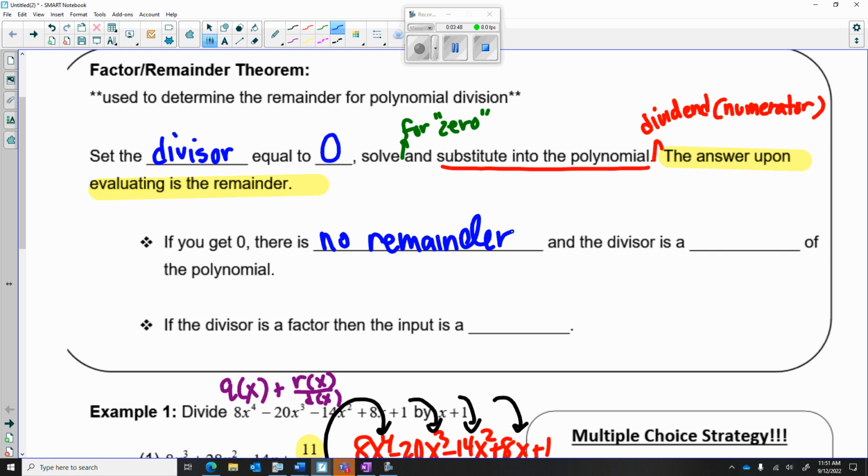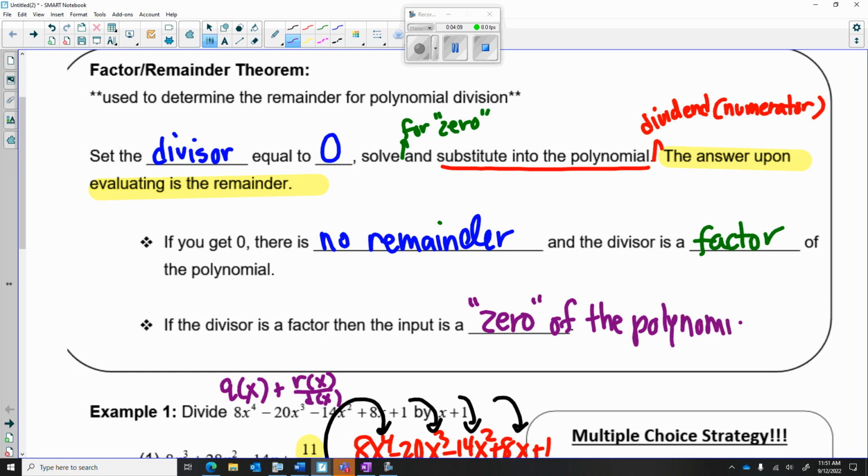That means that the divisor is a factor of the dividend. If the divisor is a factor, then the number that we plugged in is called a zero of the polynomial. We're going to talk more about that as we do this question.